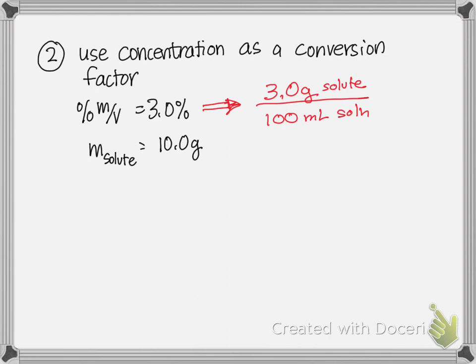Okay, that's what 3% means, right? If it was 10%, I would have 10 grams in 100. Whatever the percent is, it's always out of 100. And that is something you would have to remember to use it as a conversion factor. Okay, so this is what we're going to use as a conversion factor.